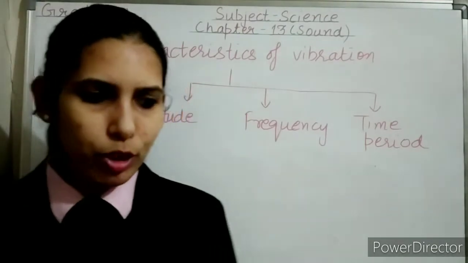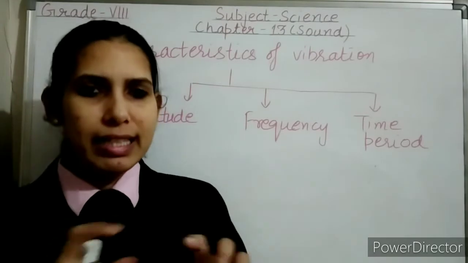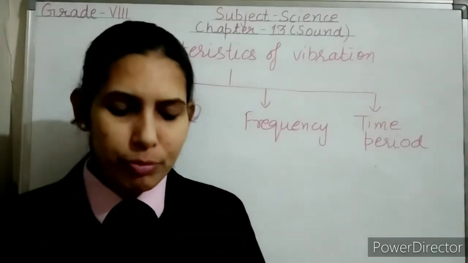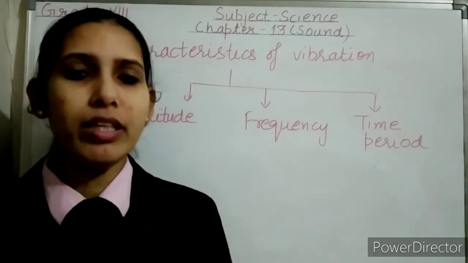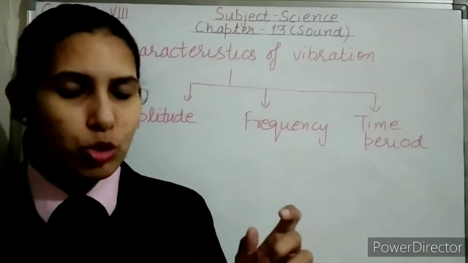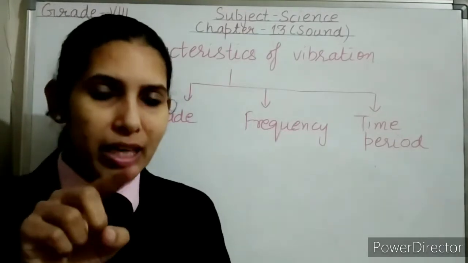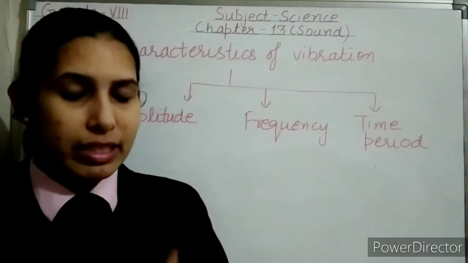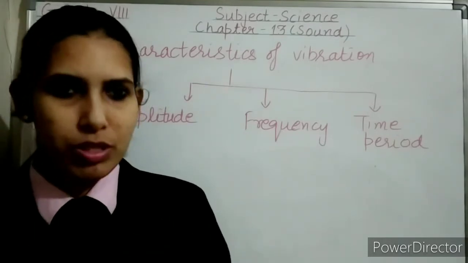Let's take the example of a musical instrument, let's say a sitar or guitar. These are instruments in which there are strings. A string is a piece of thin wire tightly fixed between two points. When we pluck that string, it starts vibrating and sound is produced.